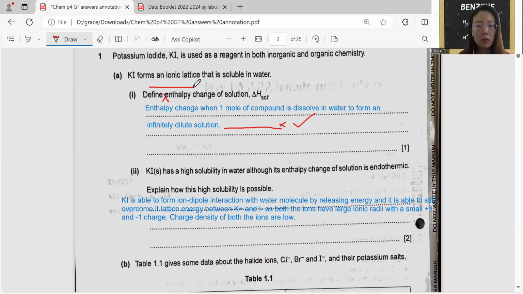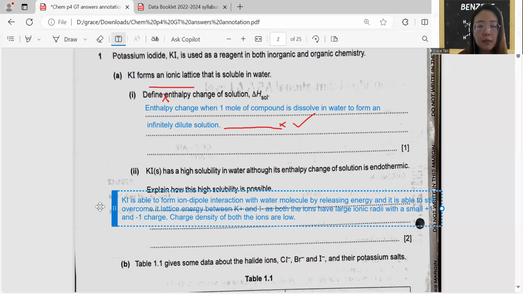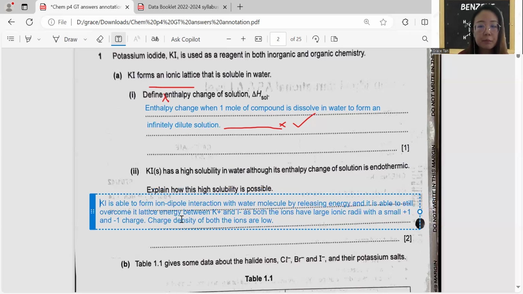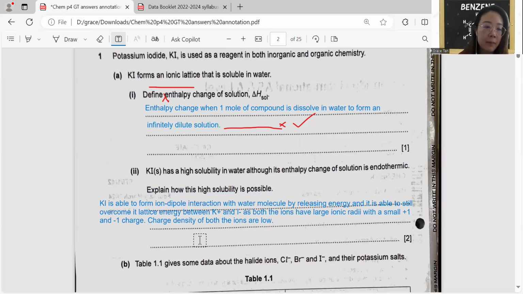Now, 2 marks. I was wondering how to answer this question. First, I solved this by answering that the potassium iodide is able to form ion-dipole interaction with water molecules. So that is to explain that they are able to be soluble in water because they can form ion-dipole interaction.